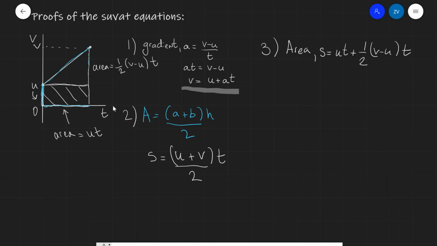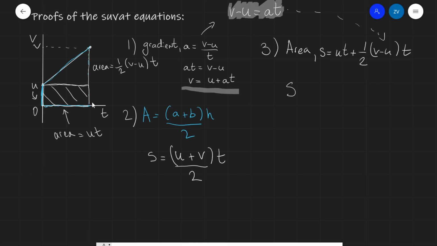However, remember, your acceleration is equal to (v minus u) over t. I actually have this written over here from our previous proof. So we can just rearrange that for v minus u. So v minus u will be equal to a times t. I'm going to take this expression, v minus u is equal to at, and substitute that back into this equation.